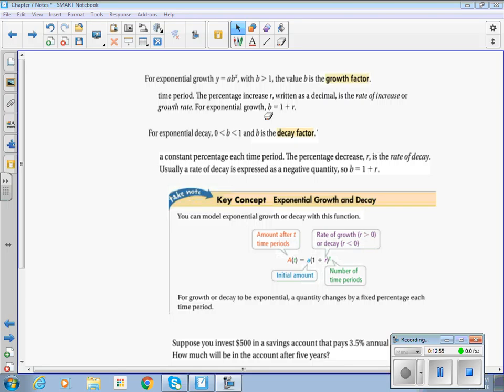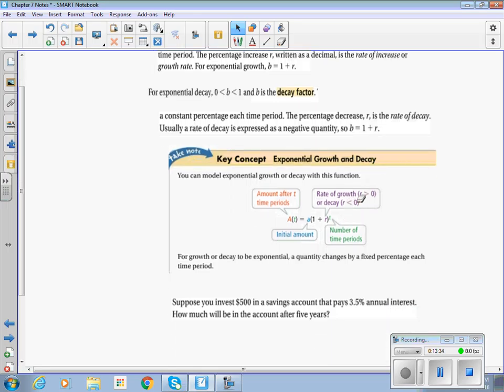If you just put in, like, I'm getting 50% back, and I just put in 0.5, that is technically a decay. And for decay, if your b value is between 0 and 1, then b is the decay factor. It also follows that the percentage decrease, r, is the rate of decay. Usually, the rate of decay is expressed as a negative quantity. So b equals 1 plus r.